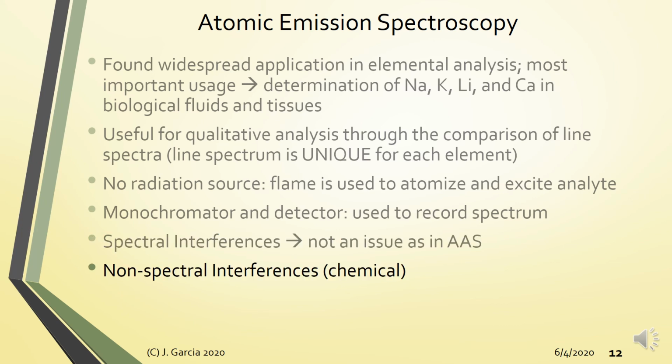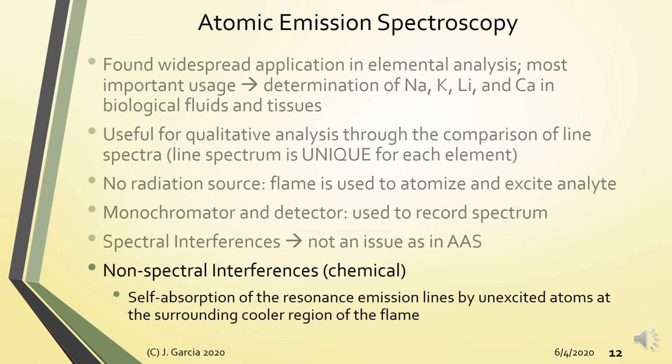But of course, you still have non-spectral interferences, mga chemical interferences, which we will discuss later. One of the common non-spectral interferences is self-absorption, and this is due to the resonance emission lines absorbed by unexcited atoms at the surrounding cooler region of the flame. We'll explain this in more detail later.